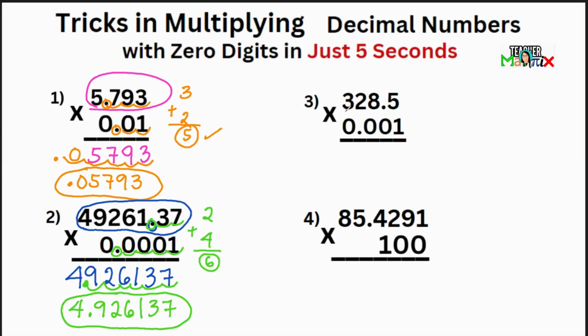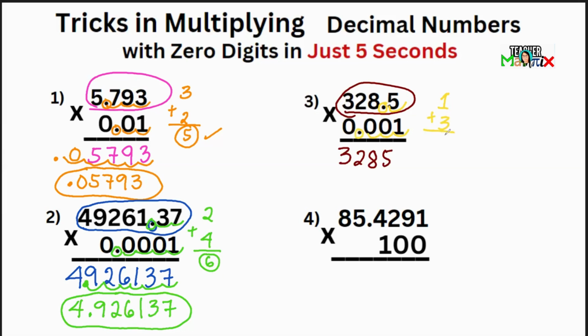Okay, do the same. So, 3, 2, 8, 5. Then, move. How many times from the right? 1. Once lang. So, 1. How about below? 1, 2, 3. So, 3.